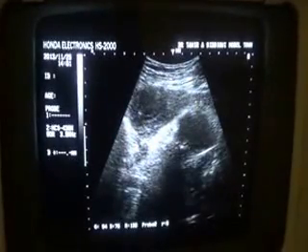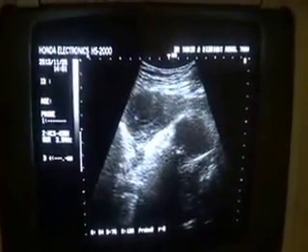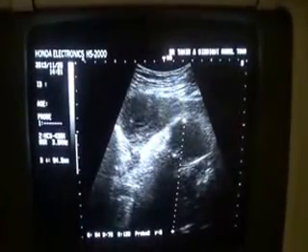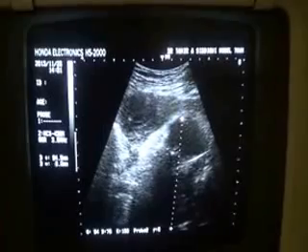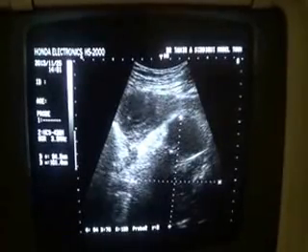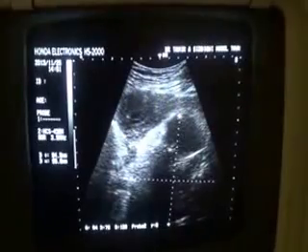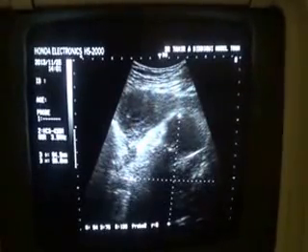The lower segment is being stretched by a heterogeneous complex mass measuring approximately, I will say, 10 by 10 centimeters, rather more than that.